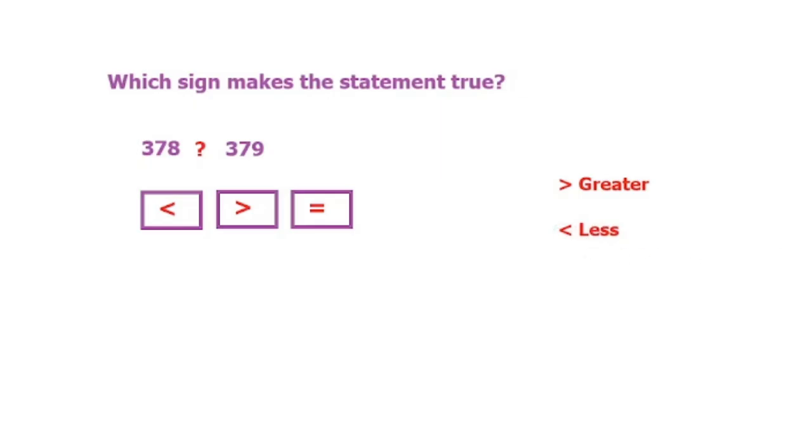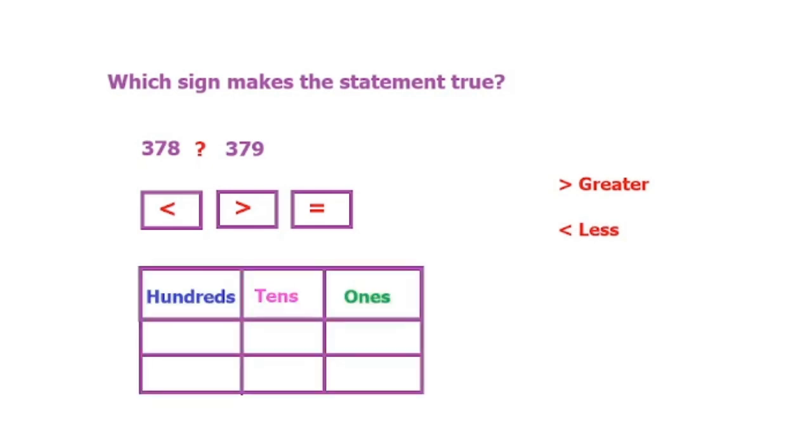Okay, so if we have a chart like this, we have to always remember our place values. So we can write the numbers here. 378.